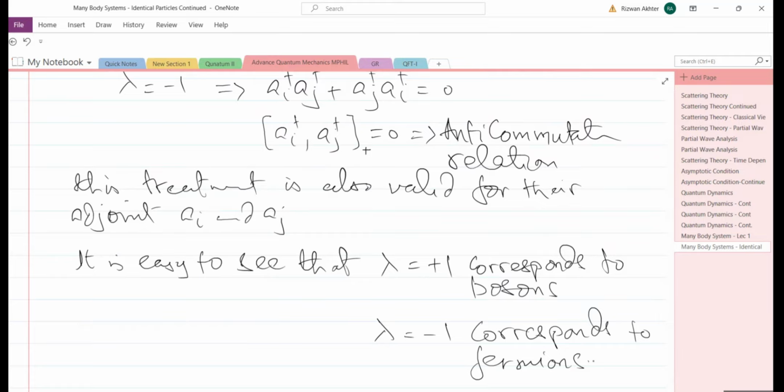Because AI dagger and AJ dagger acting on some initial state psi is same as AJ dagger and AI dagger combination acting on some initial state psi. These two operator actions correspond to creation of two particles on some initial state, same.